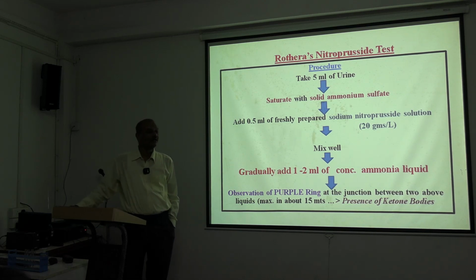For the Heller test we took 3 ml. Nitric acid test: with nitric acid, the ring will form at the junction of the two liquids.